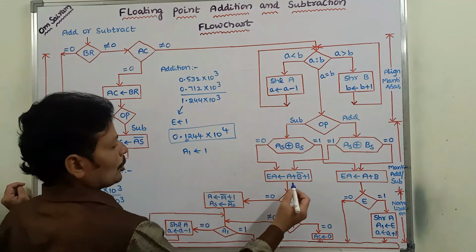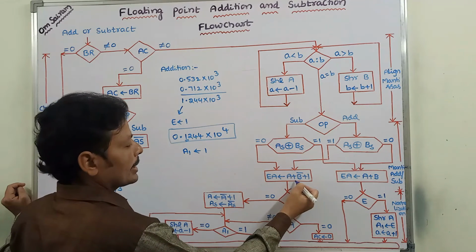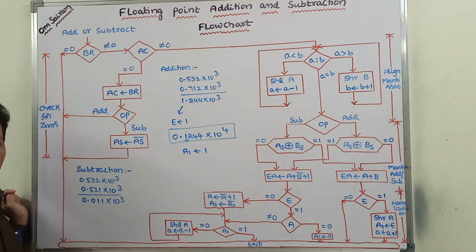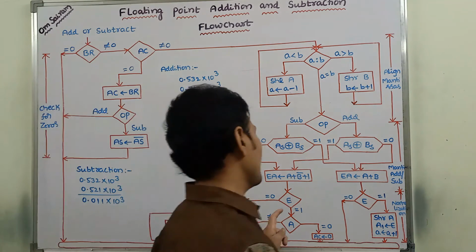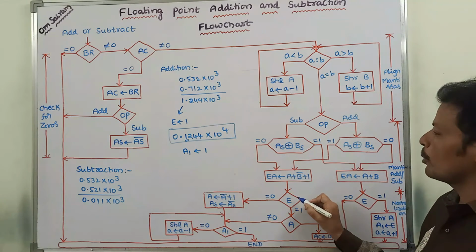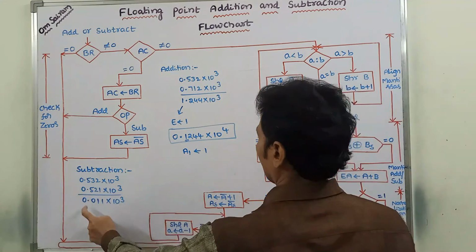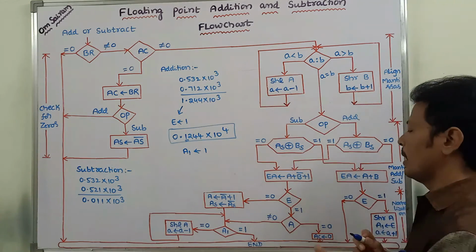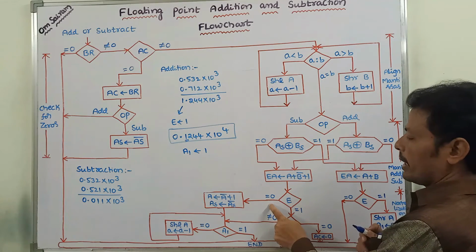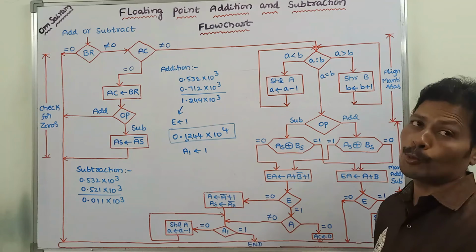If any carry bit is generated, that carry bit is transferred to the extended flip-flop E. Now we check the E value. Suppose E value is equal to 0, so no carry is generated.